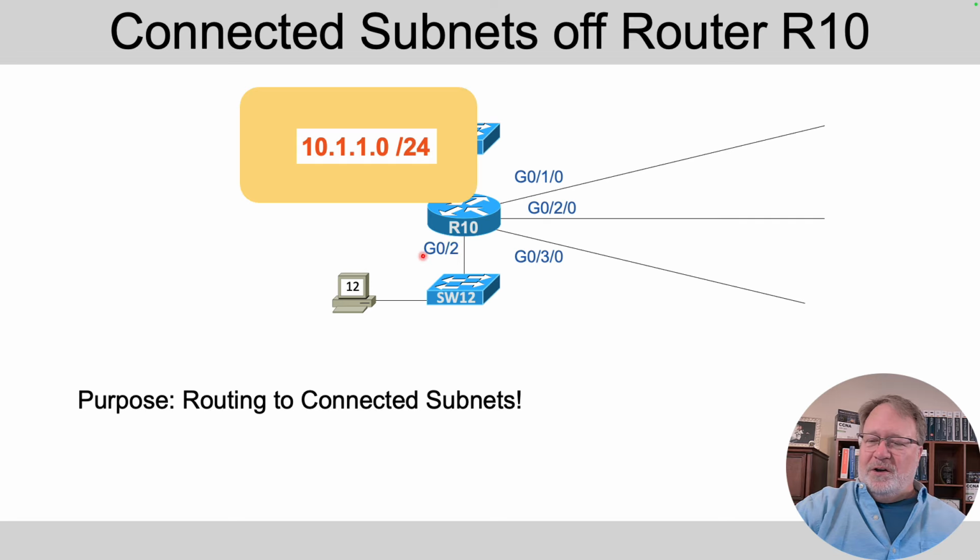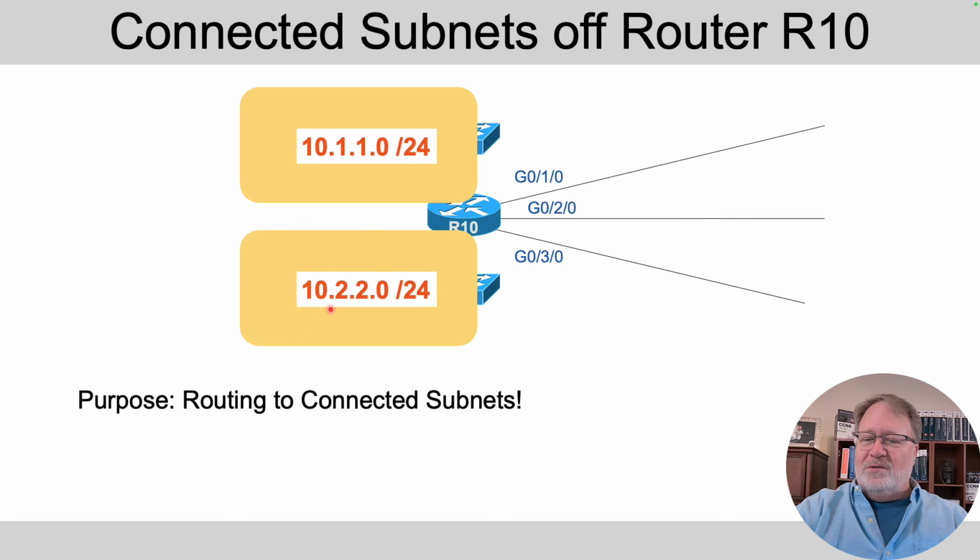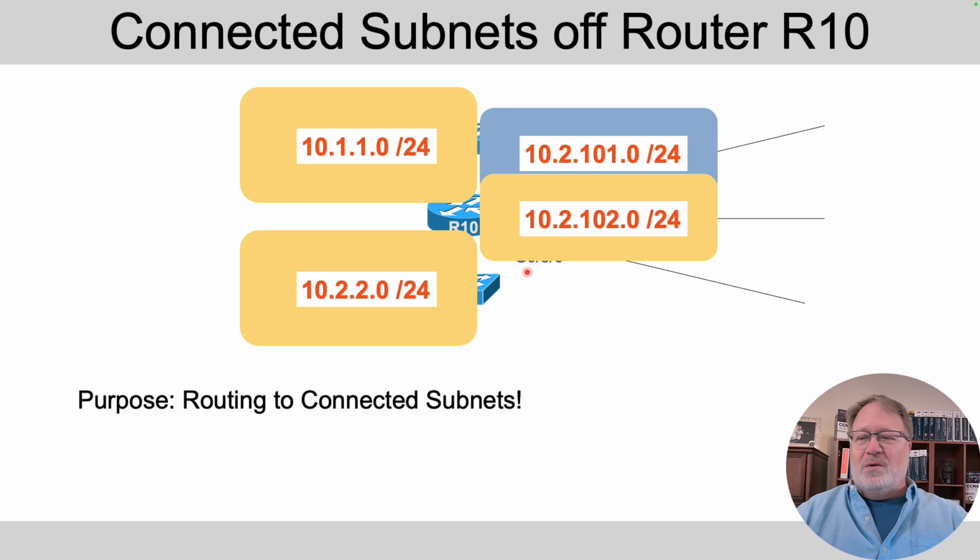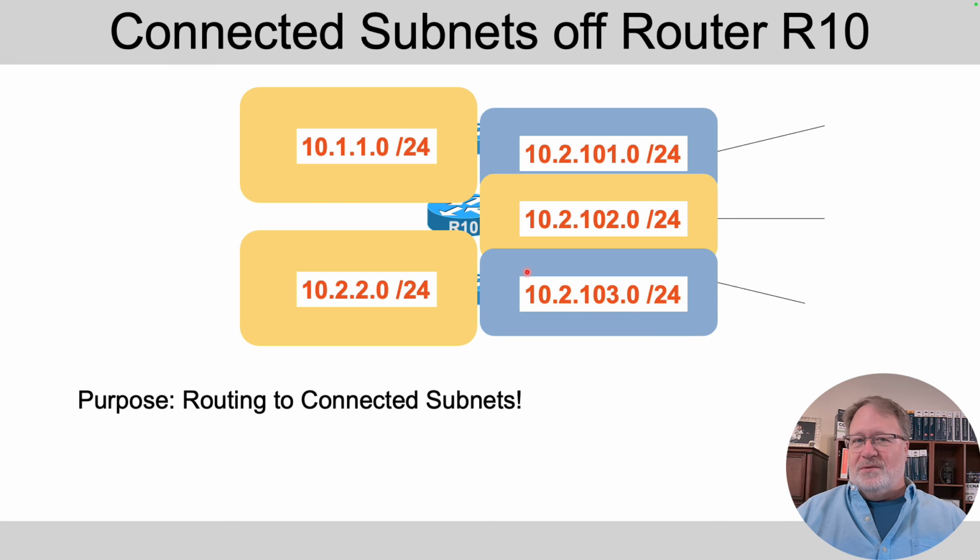And when we configure interface gig 0/2 with an IP address and mask, the router will create a connected route for that subnet ID and mask. And likewise for those 3 WAN interfaces, when we configure IP addresses on those, the router will create connected routes for those 3 subnets and add those to the routing table. So let's explore that for a few minutes.